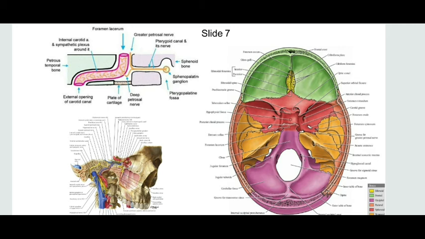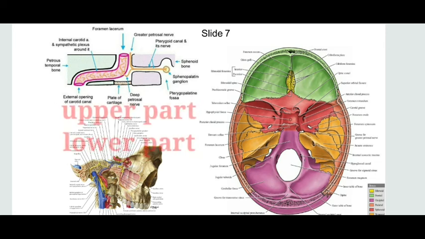The foramen lacerum has got an upper part and a lower part.